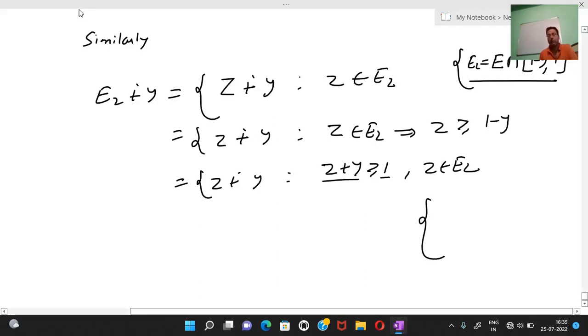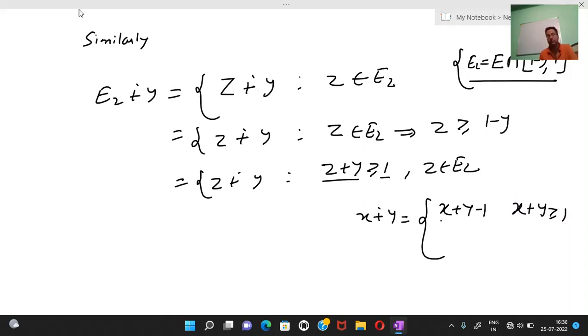We know, according to the modulo 1 definition we have studied, that when x plus y is greater than or equal to 1, then x plus dot y equals x plus y minus 1.